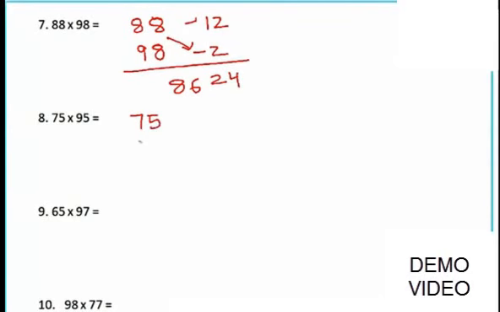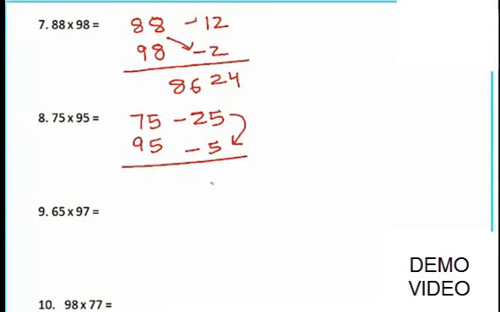Similarly, 75 into 95. It is minus 25 from 100 and it is minus 5 from 100. Now 25 into 5 is 125. But as we have already discussed, we cannot write 125 as it is, since we have chosen the base as 100 and there are 2 zeros only in 100. So with this multiplication, we'll be filling 2 digits only.